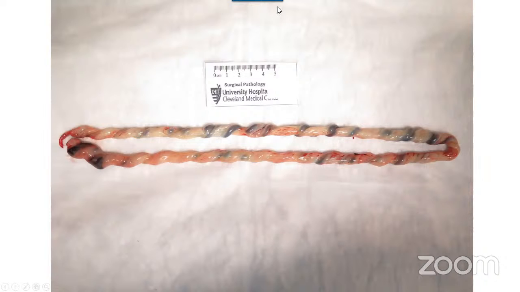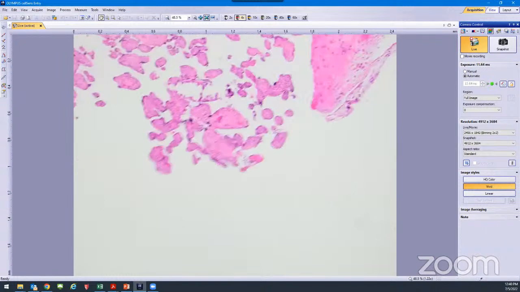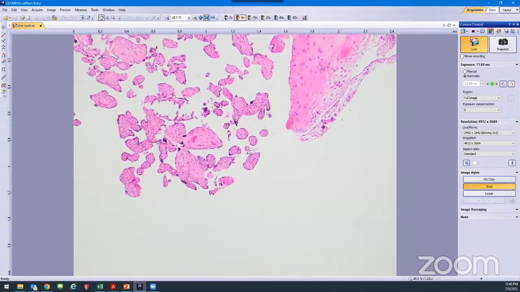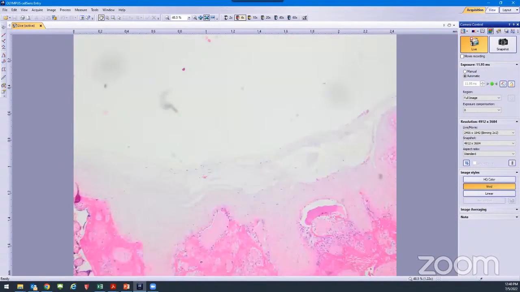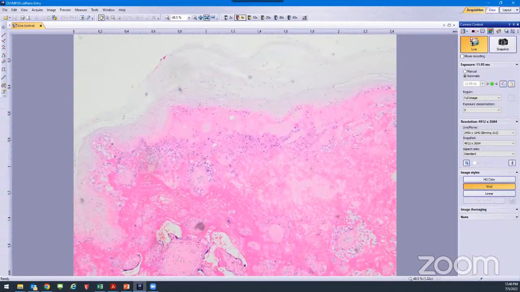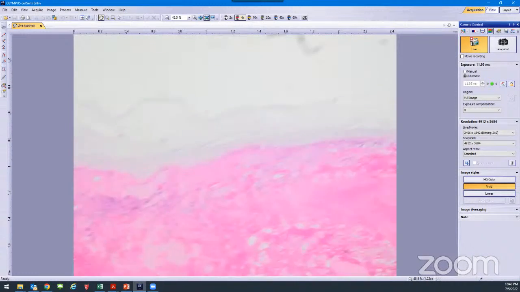So now let's look at our slide. So I always start with the fetal surface when I'm looking at a placenta.